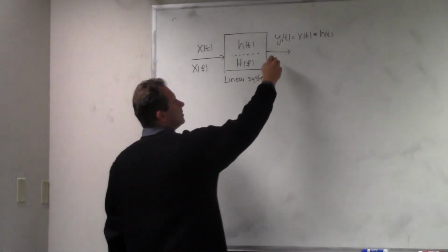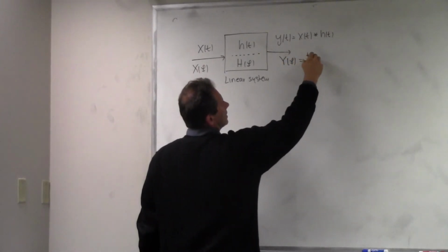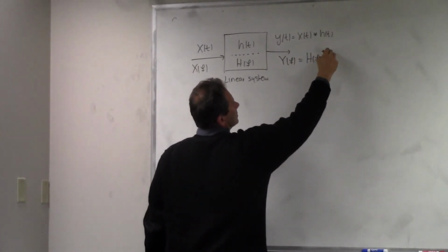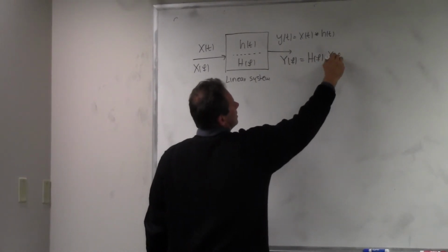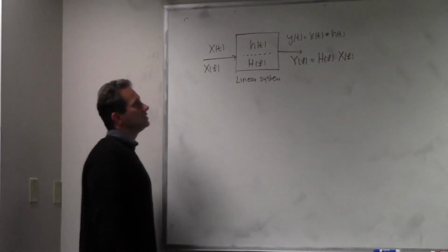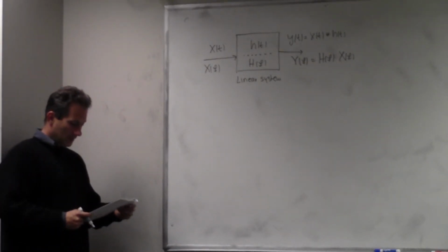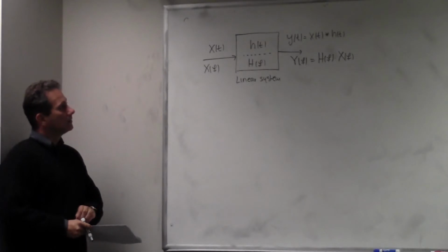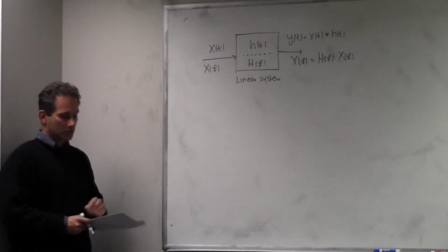And I know that I can obtain the Fourier transform of the output signal as h of f times x of f. The key thing here is that this is much easier to evaluate than the first one, because we're just multiplying things instead of taking the convolution.